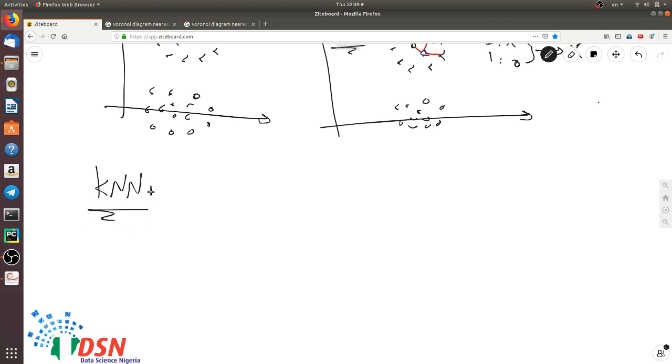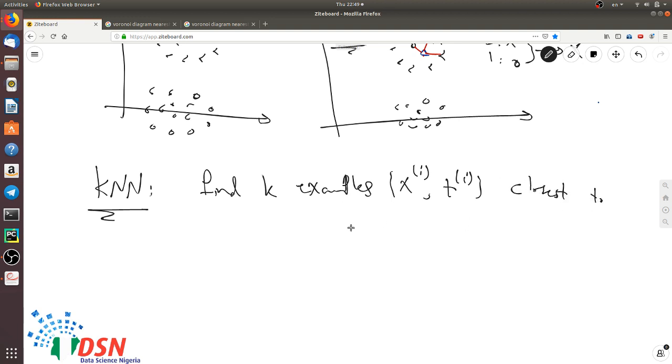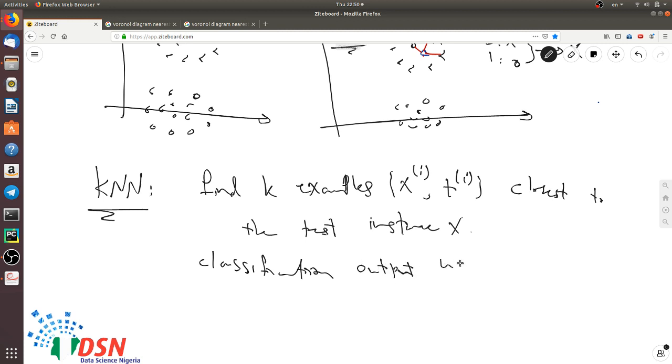For the general KNN algorithm, we find K examples Xi and Ti closest to the test instance X. The second step is classification, where we output using the majority label.